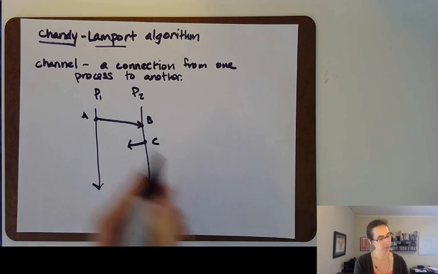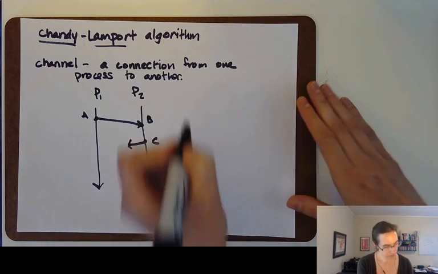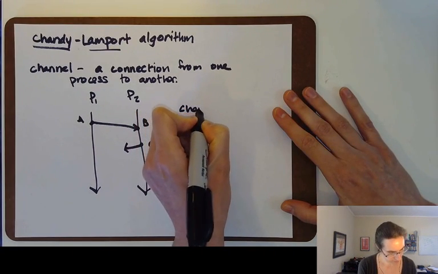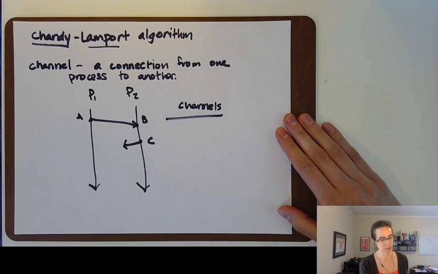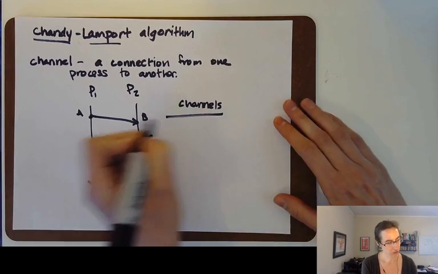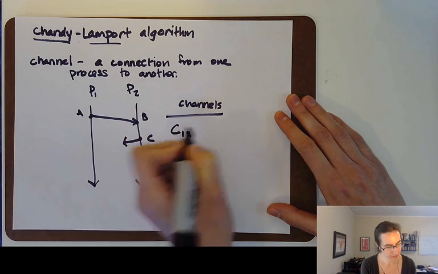There's a channel from P1 to P2, and there's a channel from P2 to P1. So the convention in naming these channels is the channel from P1 to P2 is called C12.